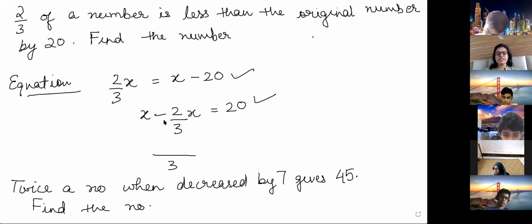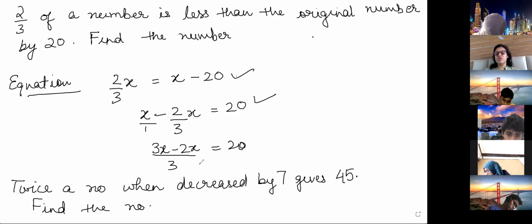Okay, I'm solving. The LCM is what? 3 is the LCM, right? x by 1 and 3 by 1. 3 is the LCM. So you need to multiply 1 by 3, so that here also it becomes 3. So 3x minus 2x is equal to 20, which is x by 3 is equal to 20.